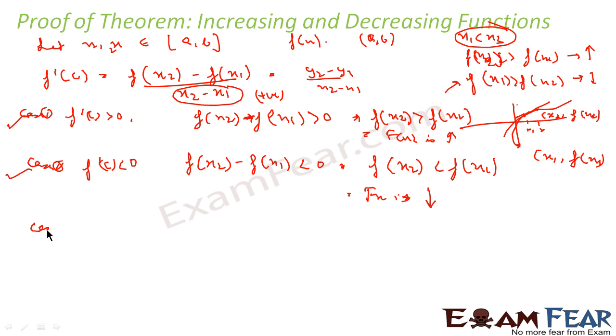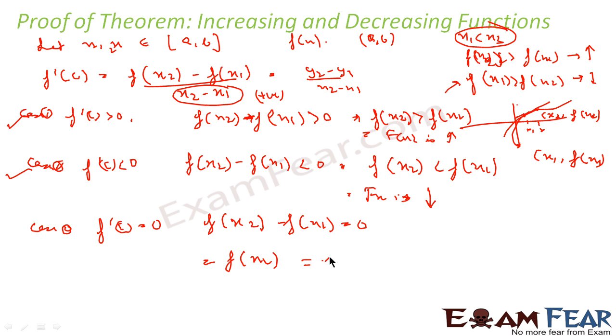Case 3, f dash c is equal to 0. If that is the case, since the denominator is always positive, f of x2 minus f of x1 has to be equal to 0. In that case, f of x2 is equal to f of x1.